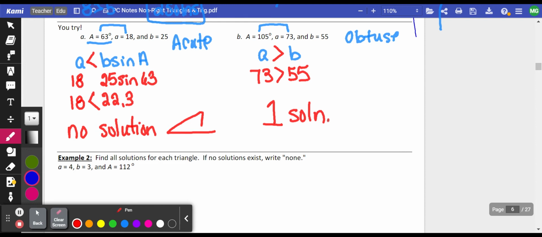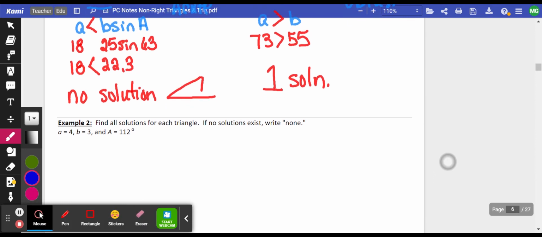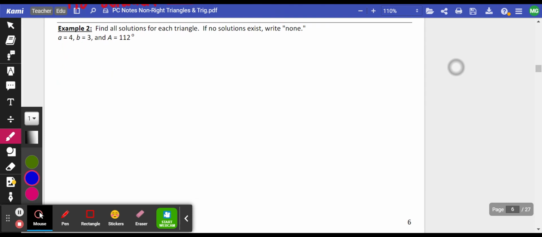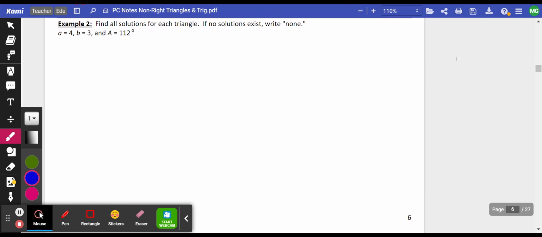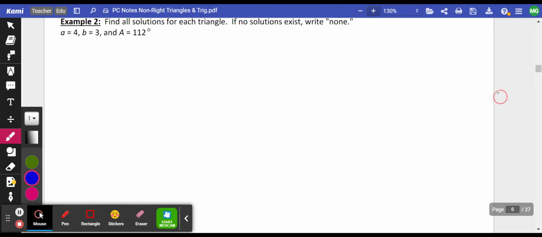Okay? So we're going to go ahead and do example 2. In example 2, we're told to find all of the solutions for each triangle. And if no solution exists, we have to write none. So first thing we have to do is decide how many solutions we have.